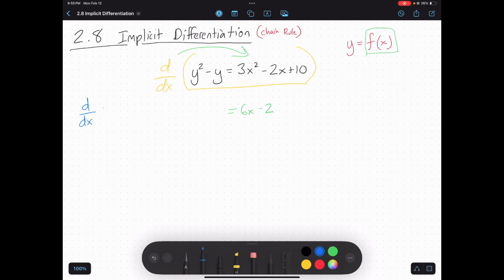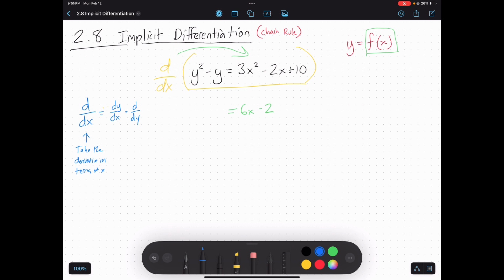Notice that I can rewrite d over dx, right? This represents take the derivative in terms of x. Well, with just a simple manipulation, I can turn this into dy over dx times d over dy. Do we see how those are equal?